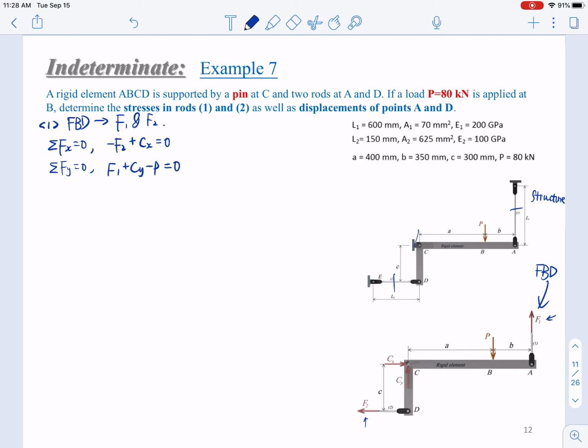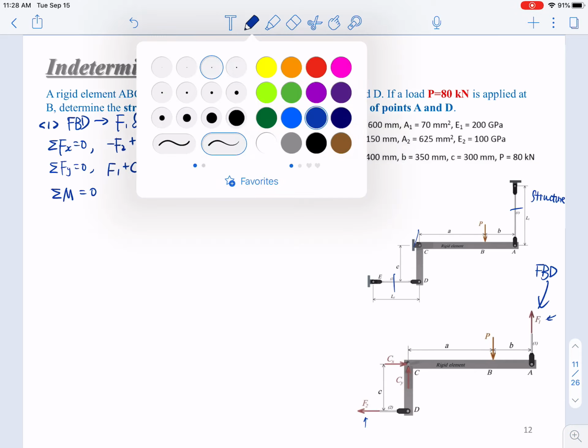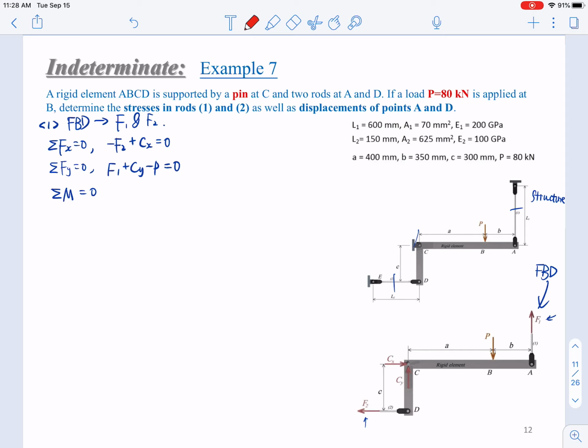Okay. So our third equation, the sum of M equals 0, is M about which point? This is the key step to solve this problem. If you select the point D, what will happen?